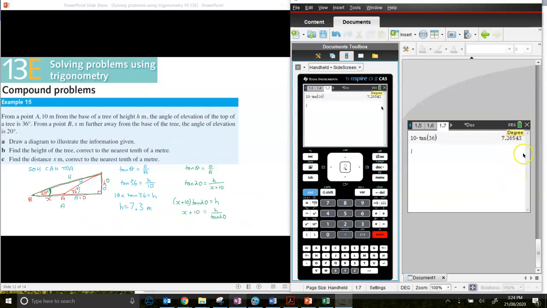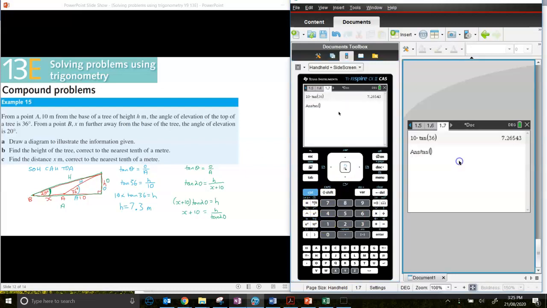So on my calculator, I've got the 7.265 that I calculated for h before. Now I want to divide that by tan 20. So I can just go straight to divide and the calculator knows that I'm telling it to do the answer divided by. Then we want tan 20. So tan 20, close the bracket, press enter.